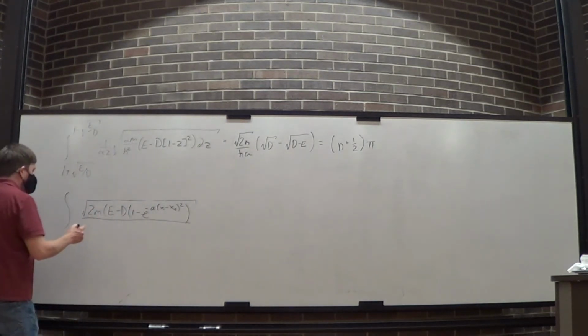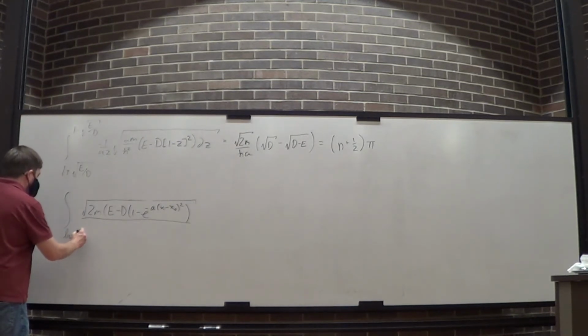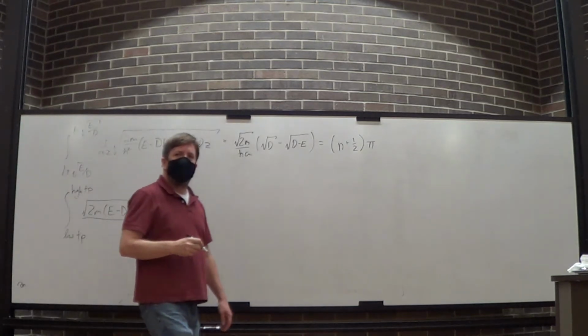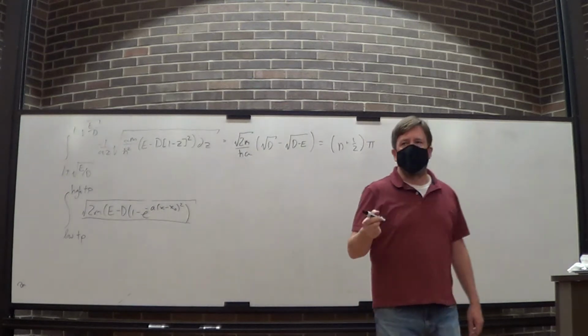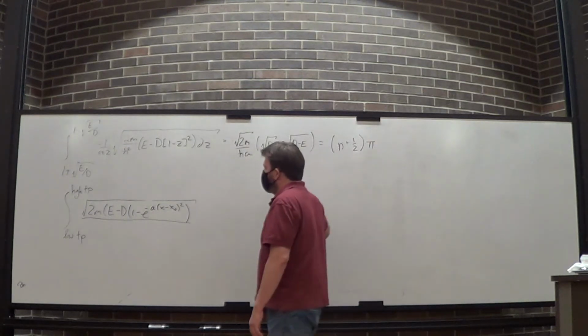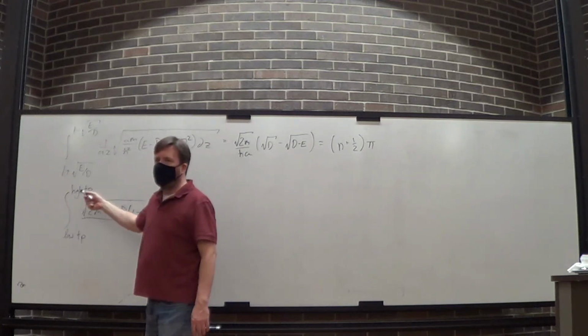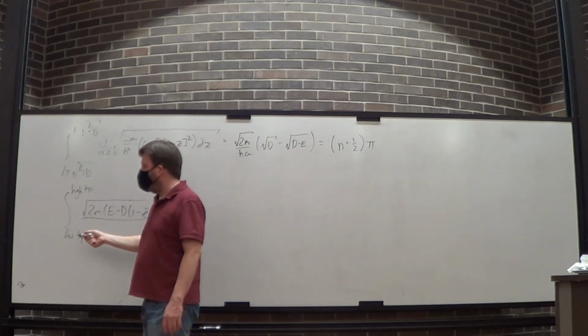And then you had the low turning point and the high turning point, right? And so, now remember, the reason that this picks up a half here is that the particle in the box, the turning points were the boundaries of the box, and the wave function came to an end.